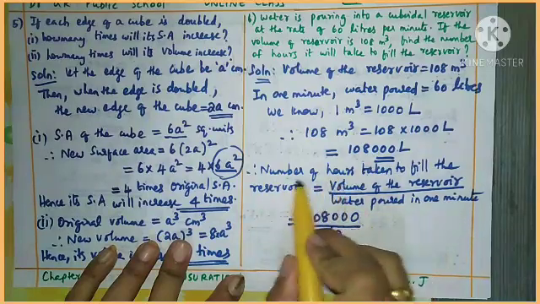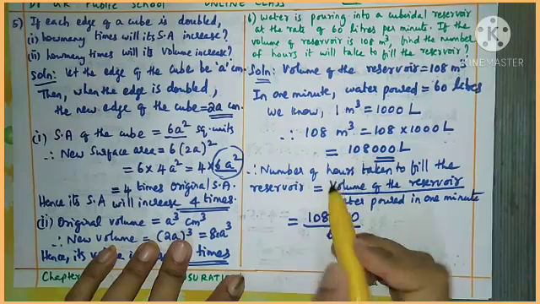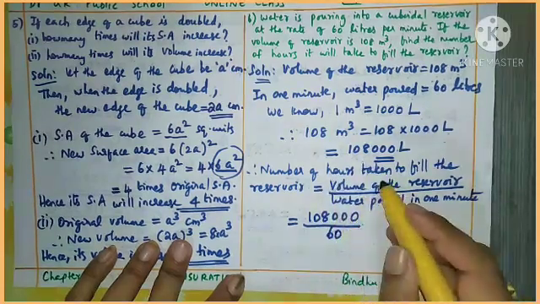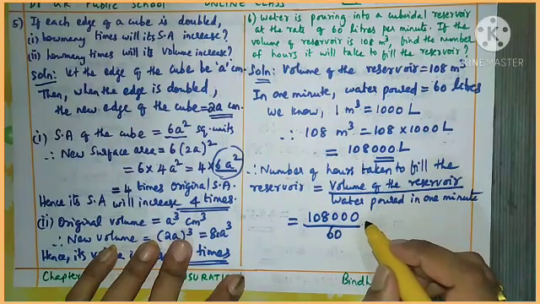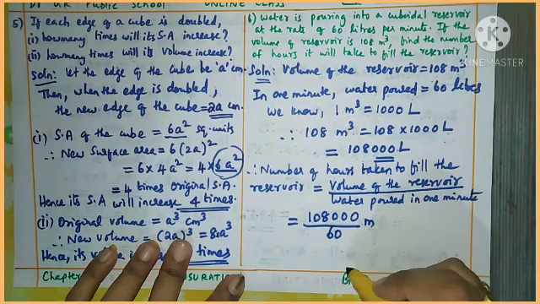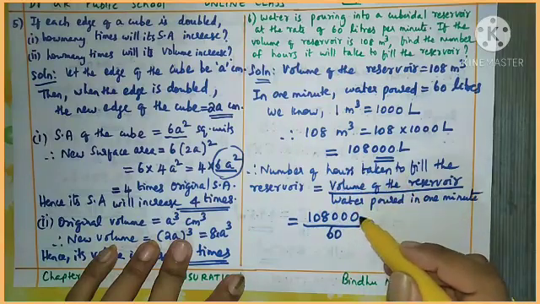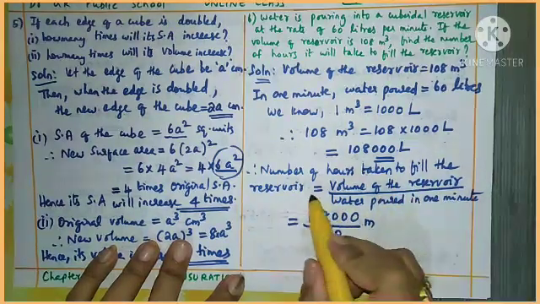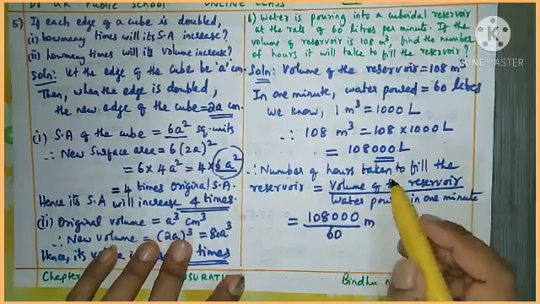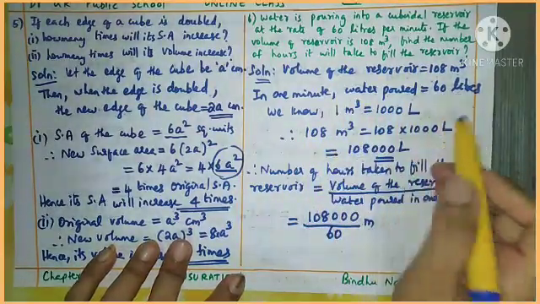Now what we are doing? Number of hours we need to find out, correct? So number of hours means we want to convert into hours. But here it is given in minutes. So we found in 1 minute this is the number of hours taken to fill the reservoir we are going to find out. But here we have given water poured in 1 minute is 60 liters. So what we want to do?